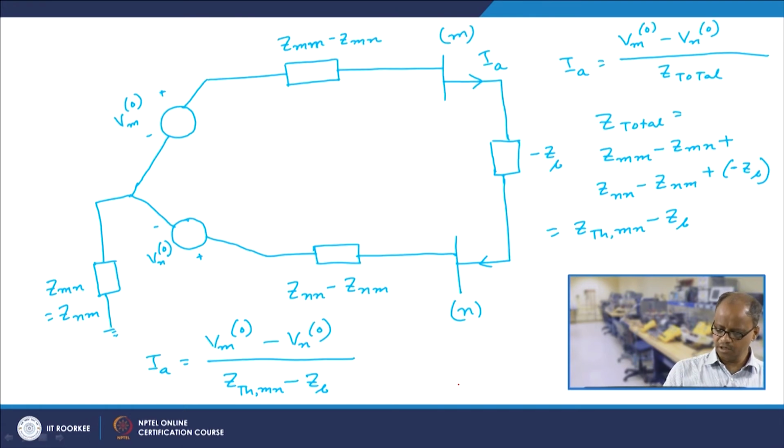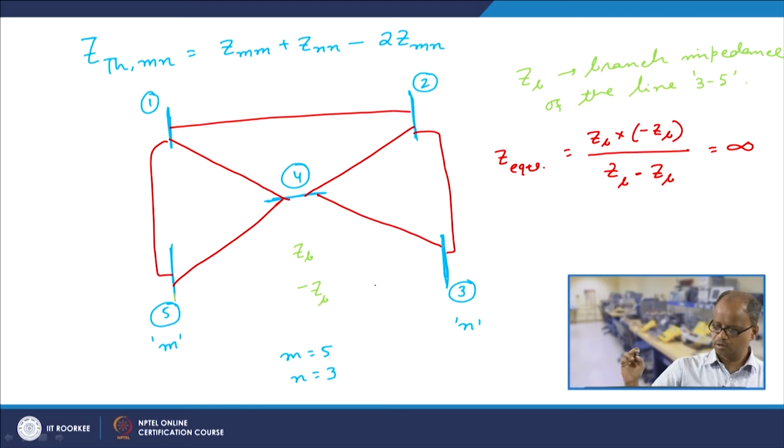We must also note that z_B is the branch impedance of the line.